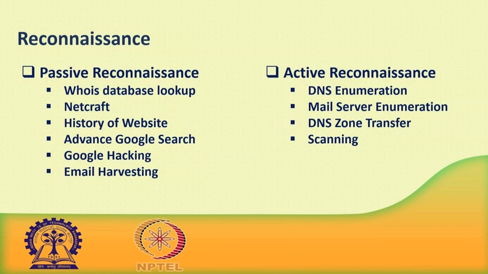Then active reconnaissance. In active information gathering, or active reconnaissance, we gather information by directly communicating with the victim.